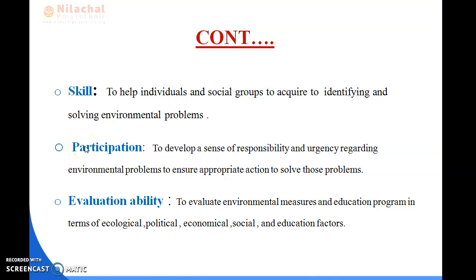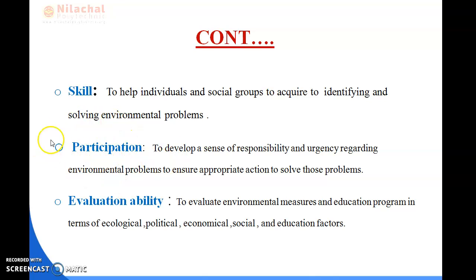In previous classes, we have already studied what the environmental problems and issues are, and how human activities are responsible for creating them. When we know our responsibility to create a clean, healthy, improved environment, and we know the problem, then we should take appropriate action to solve those problems.